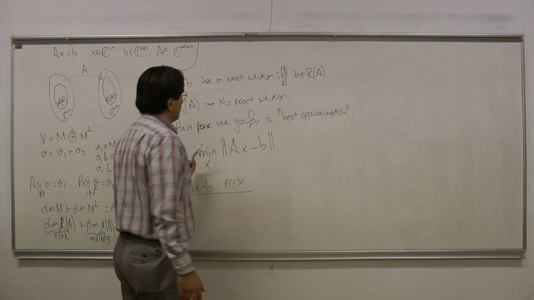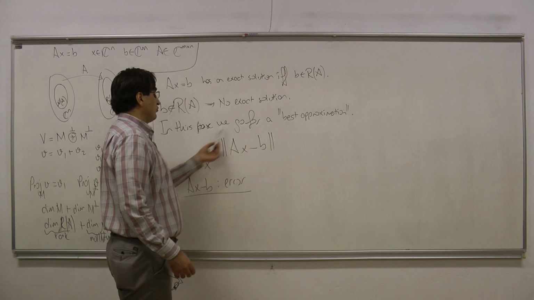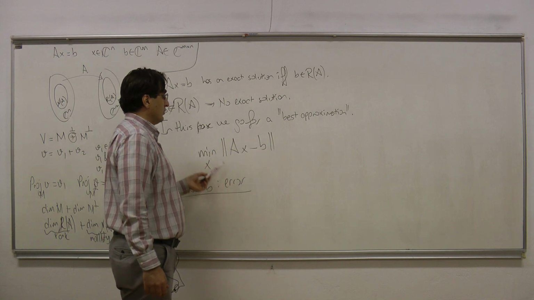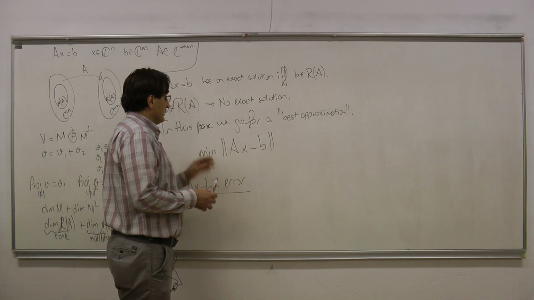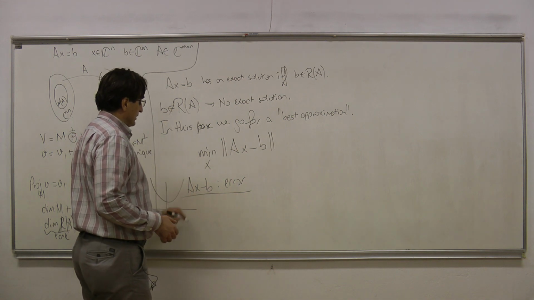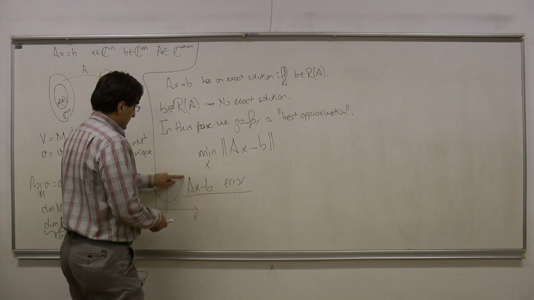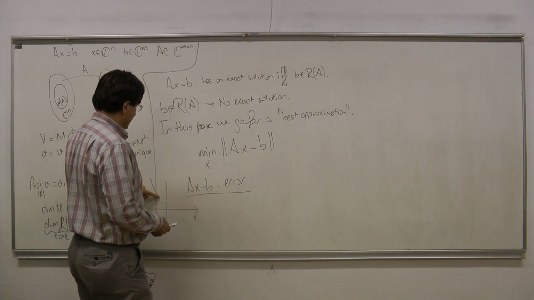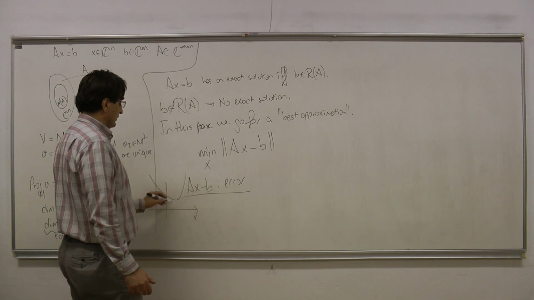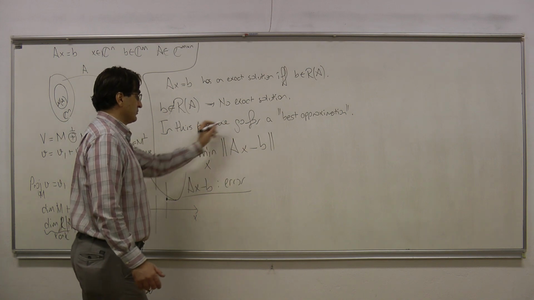In general, the minimum value of this function is shown by min with respect to x of this. So if this is my cost function, then the minimum value is given by this expression.